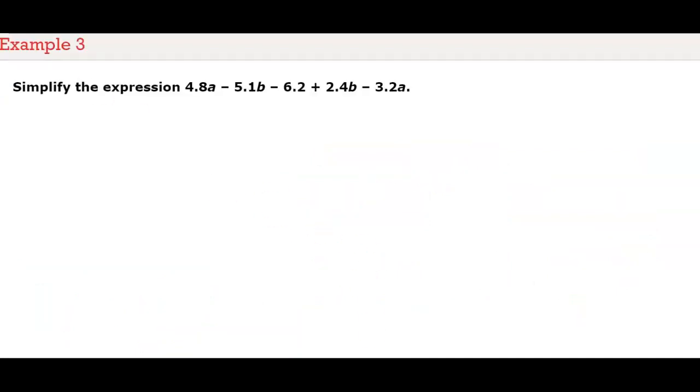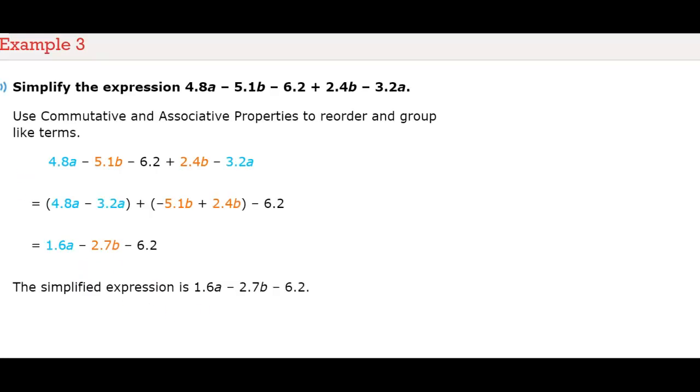Simplify the expression 4 8/10 times A minus 5 1/10 times B minus 6 2/10 plus 2 4/10 times B minus 3 2/10 times A. It says to use commutative and associative properties to reorder and group like terms.